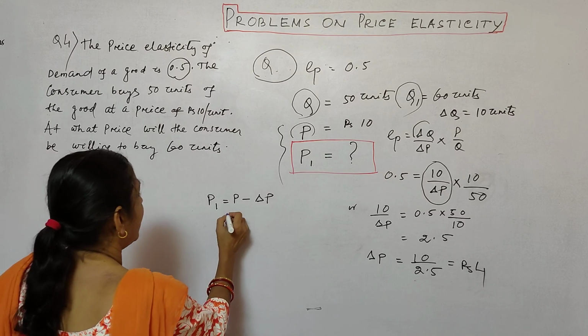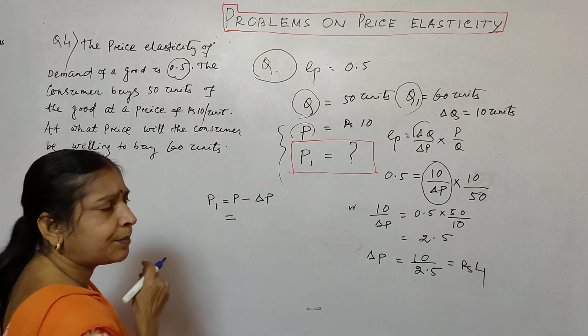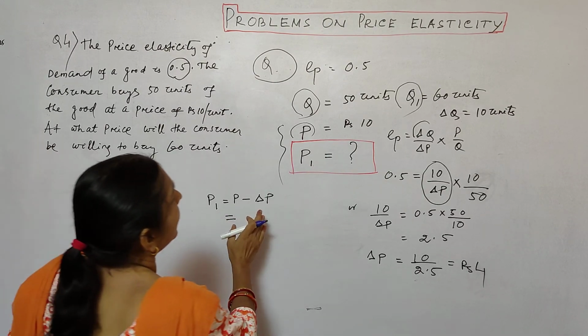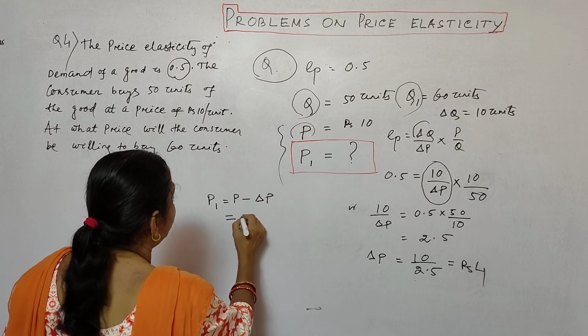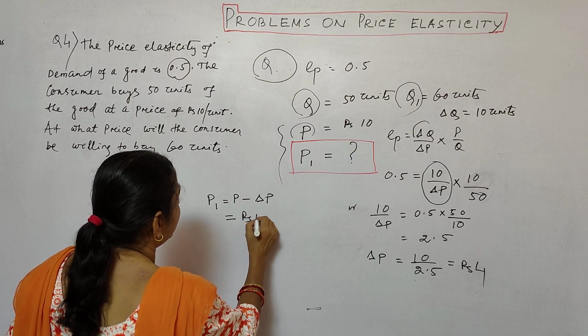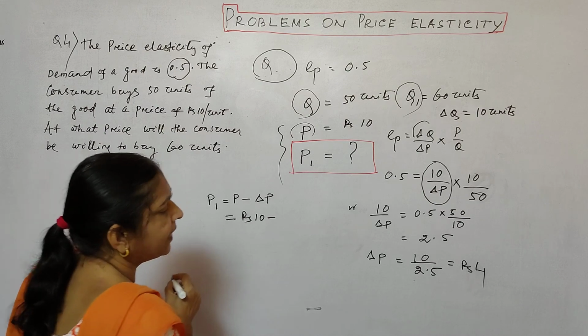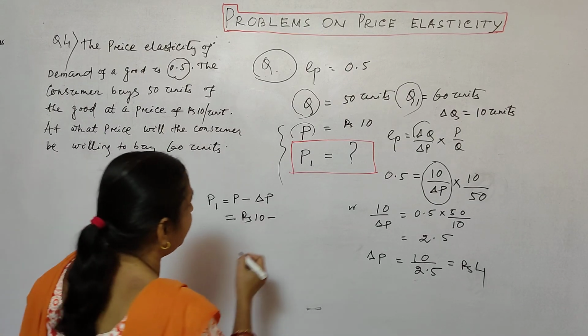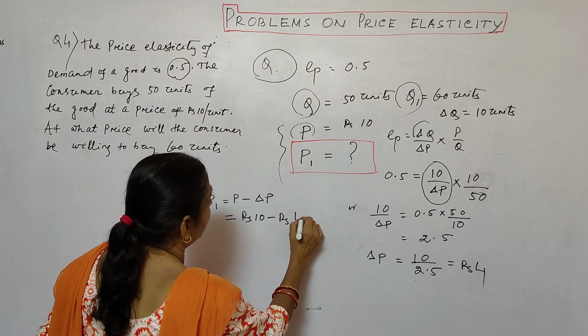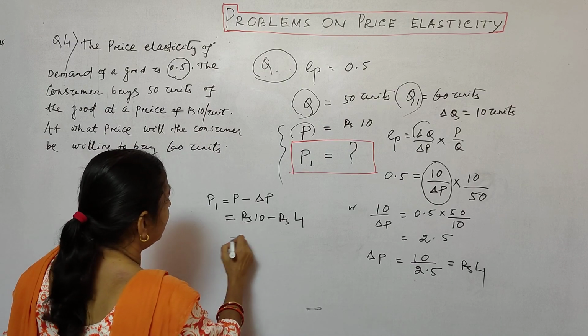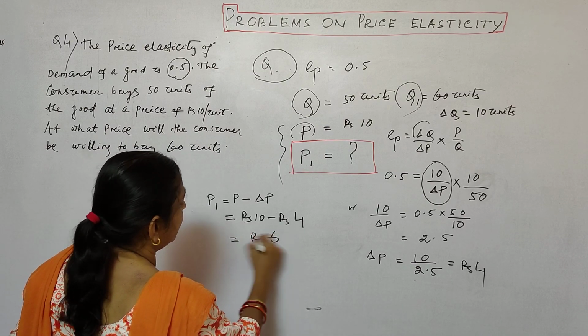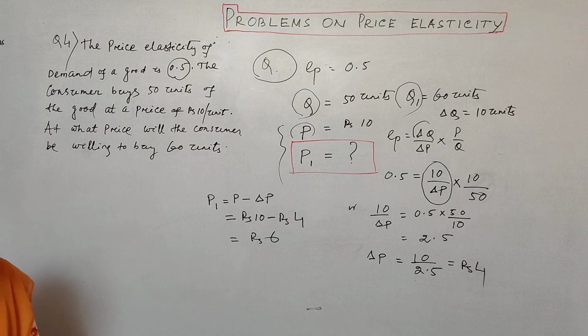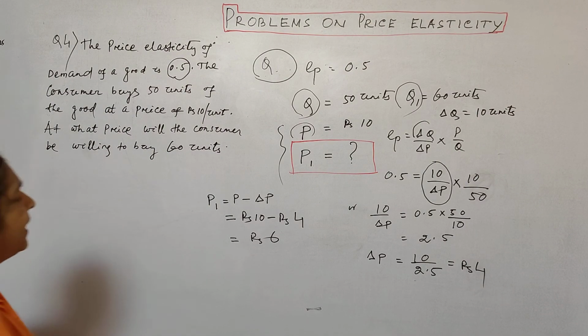This is the fall in price. The final price has become less than the initial price. The initial price is rupees 10 minus delta P. How much is delta P? Rupees 4. Now P1 is rupees 6. So this is the final price. This is our desired answer.